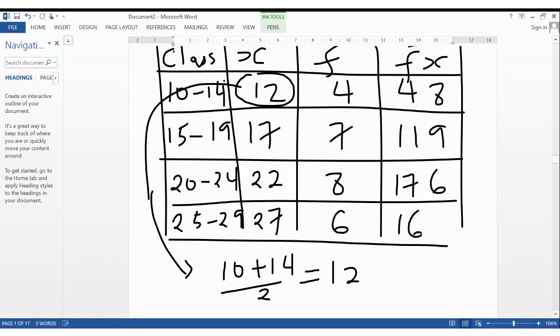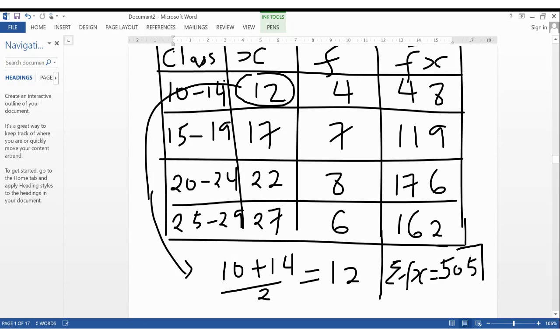Then I need summation of fx. I add all these: 48 plus 119 plus 176 plus 162. I'm getting 545.